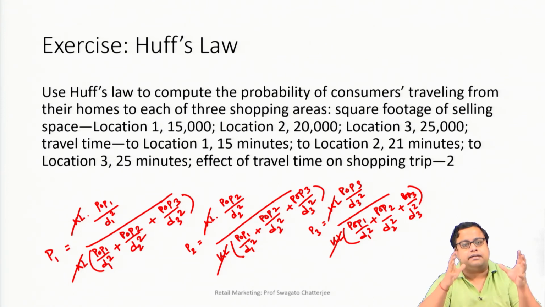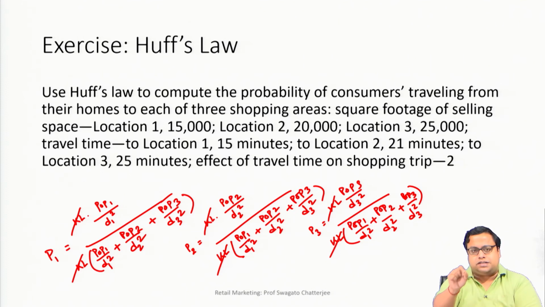Based on that, I can measure my market share or how many people will come to me. So, it is not always only the location or the trading area's attractiveness. It also depends on how distant your location or trading area is from a particular person.